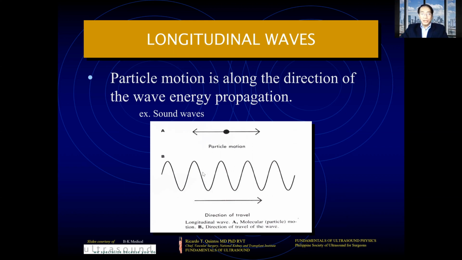The energy propagation moves from left to right, and the particle motion also moves from left to right. That is what is called a longitudinal wave, and that is an example of how sound waves are propagated.